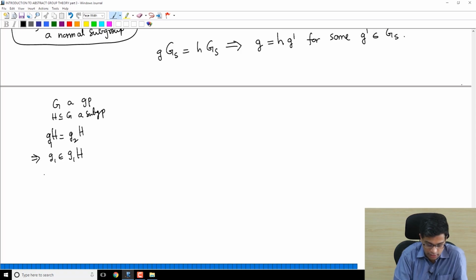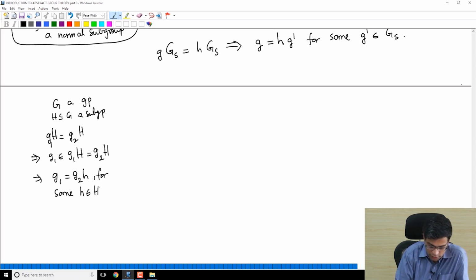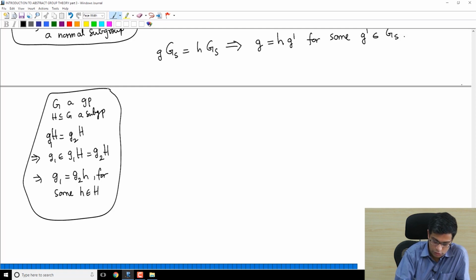So g1 is in that, which I am assuming is equal to g2H. So g1 belongs to g2H. So g1 equals g2 times h for some h in capital H.